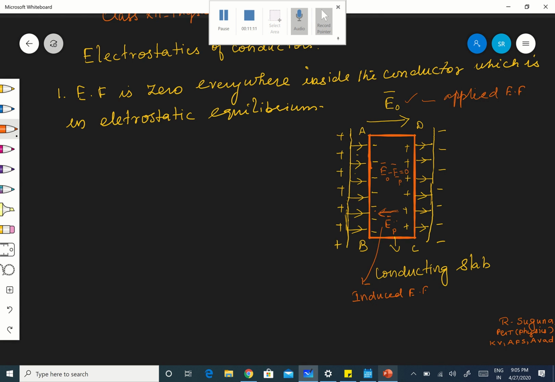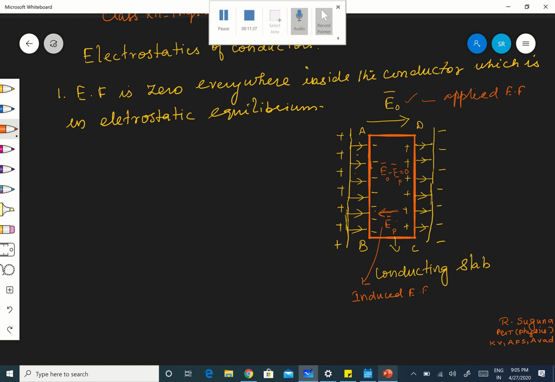As I told you once again, the accumulation of negative charge from the end CD stops only when the induced electric field becomes equal and opposite to E naught. Once it attains that, the net field inside the conductor will be equal to 0.